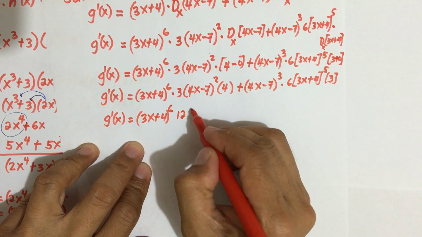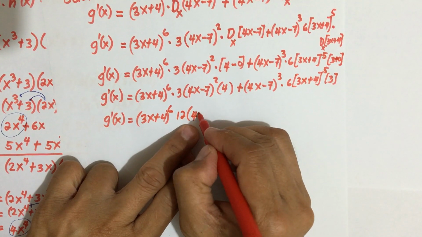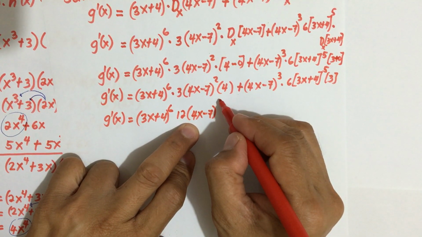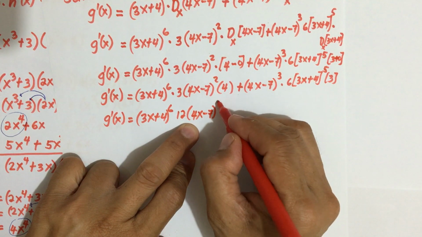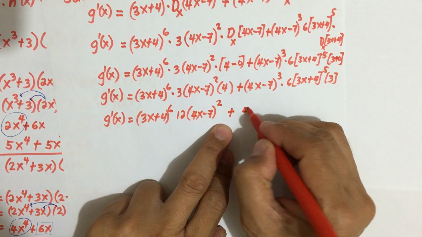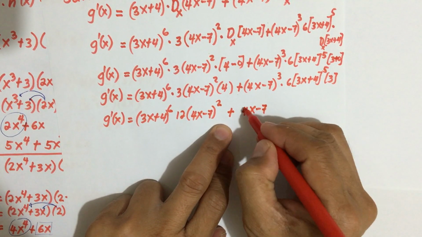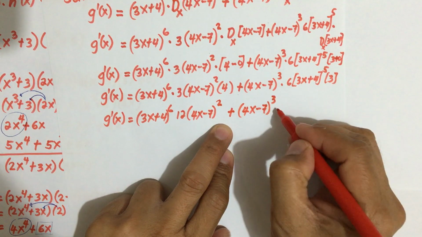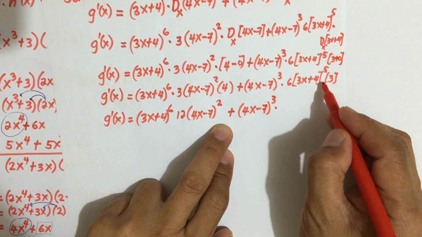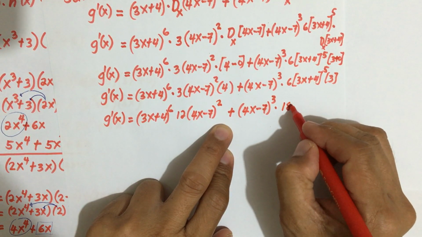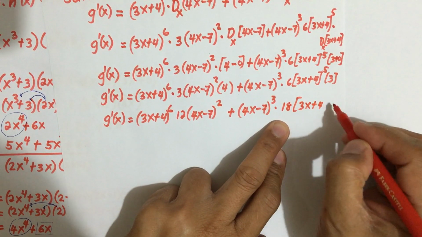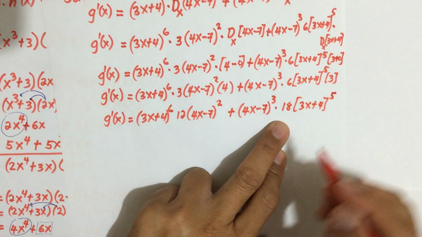So we have 12 times 4x minus 7 raised to the power 2, then plus we have 4x minus 7 raised to the power 3 times we have 6 times 3, so that is 18, multiplied by 3x plus 4 raised to a power 5.